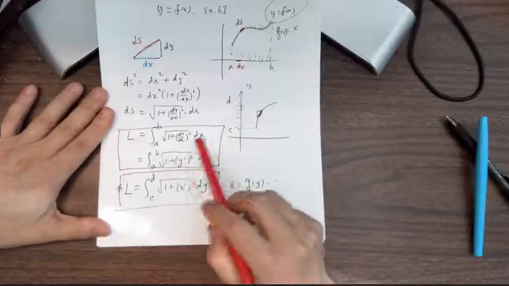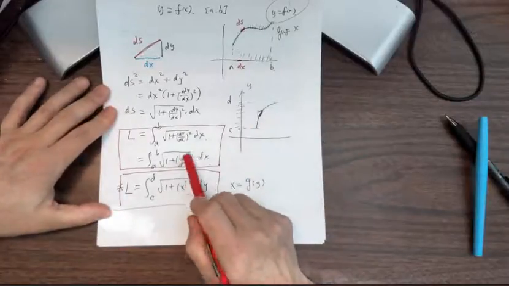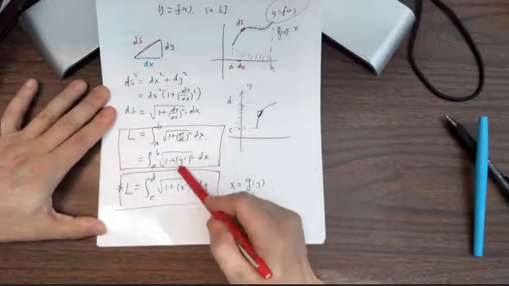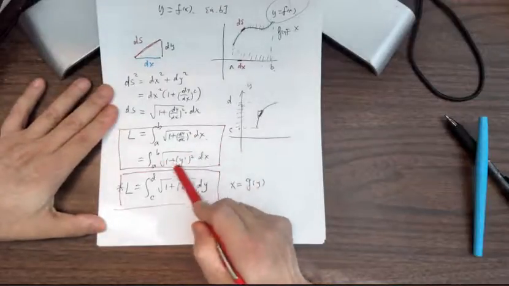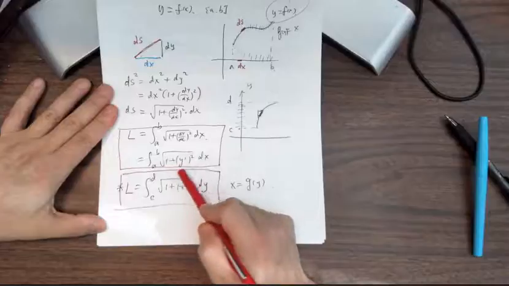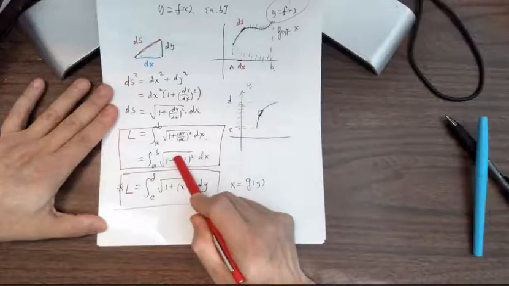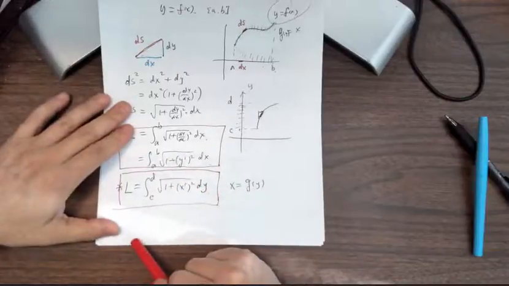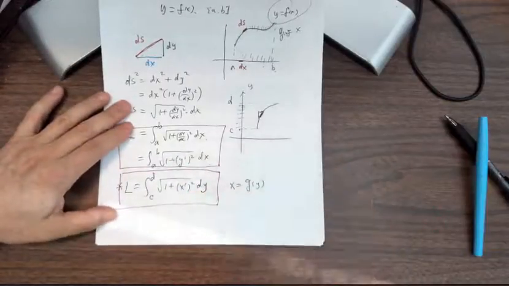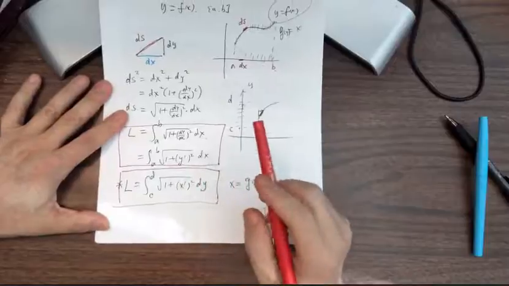So few cases we can actually evaluate. That's when the function is given just so right that this expression turns out to be, for example, a linear function of x, like ax plus b. So we can do a simple substitution to carry out the evaluation.